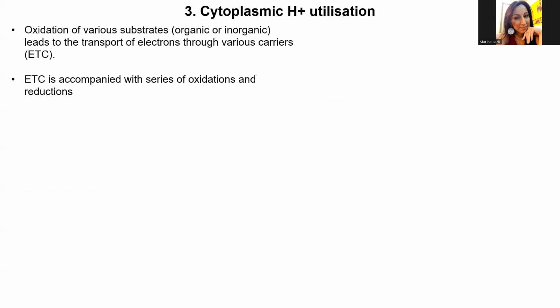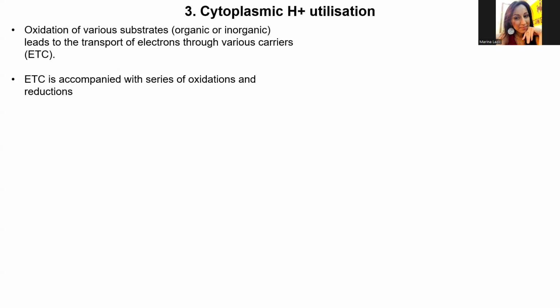Next is utilization of hydrogen in the cytoplasm. This is very specific for organisms that live in acidic environments. As we already know, oxidation of various substrates, which can be organic and inorganic, will lead to extraction of electrons and their transport through the electron transport chain. The whole chain is a series of oxidations and reductions.